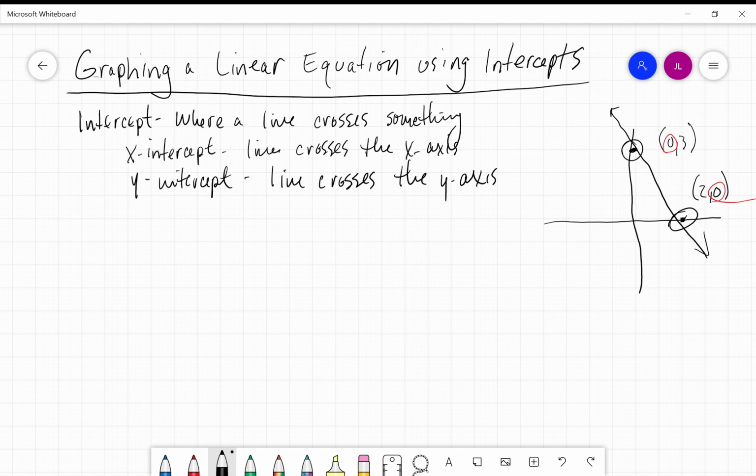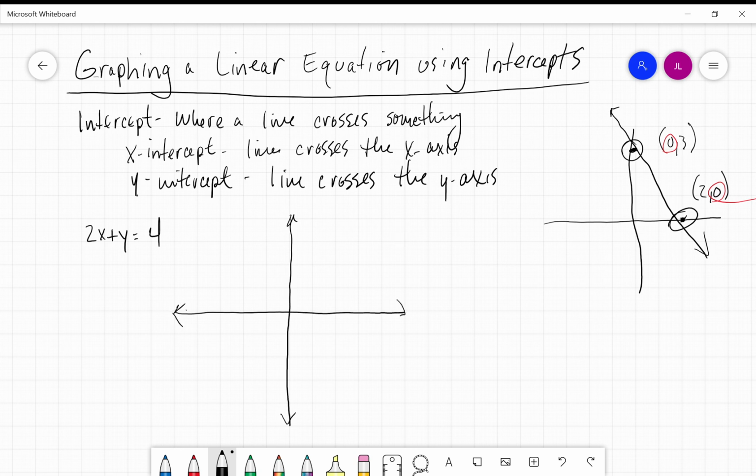So let's say we have a line, y equals 2x plus 4. Now this isn't in standard notation, so maybe we'll put one in standard notation here because that's what we talked about: 2x plus y equals 4. Now, if we want to graph this line by intercepts, for the x-intercept, the y value is 0.